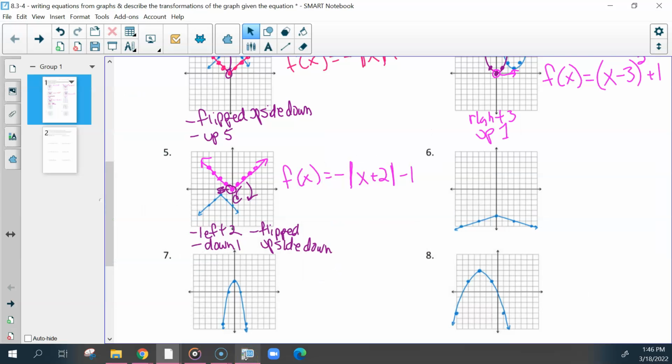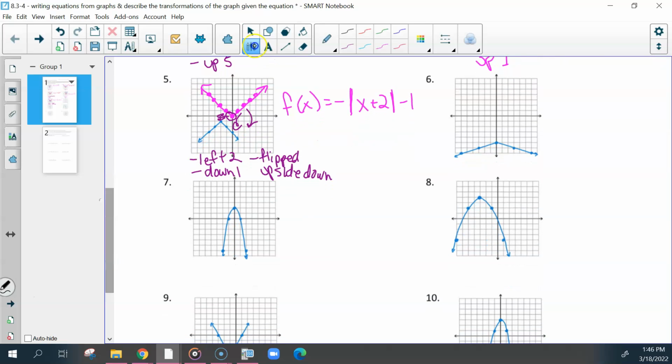All right. Now number 6. If this was right side up, and now it's upside down. It was definitely flipped.